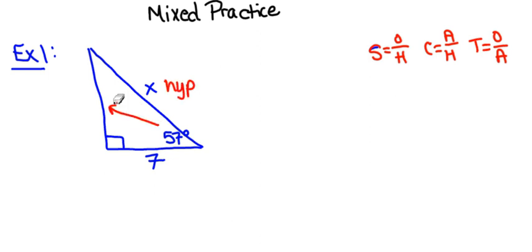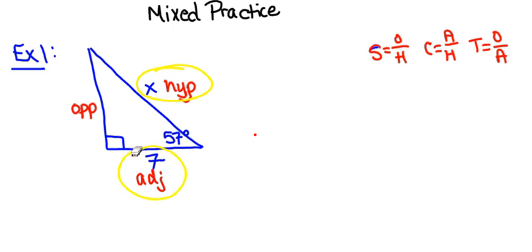Across from my 57, that's my opposite. Which makes this bottom side my adjacent. So it looks like I've got a hypotenuse and adjacent, nothing going on over there with opposite. So I need to use the trig ratio that deals with hypotenuse and adjacent.